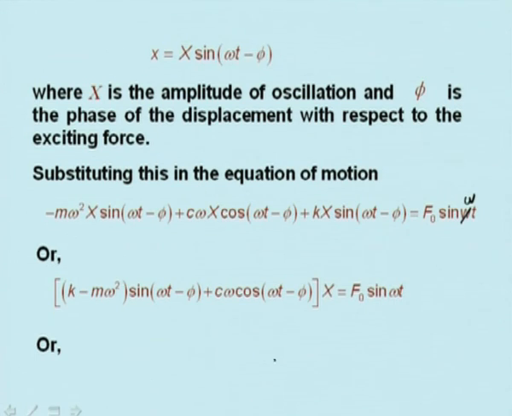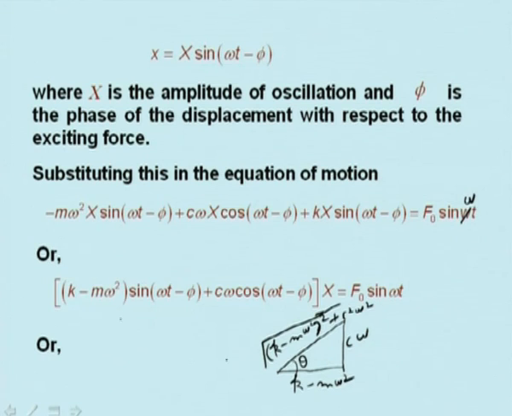If I can represent them in trigonometric form, say this is theta, and this side is k minus m omega square, and this is c omega, and the hypotenuse is the square root of k minus m omega square, whole square, plus c square omega square.